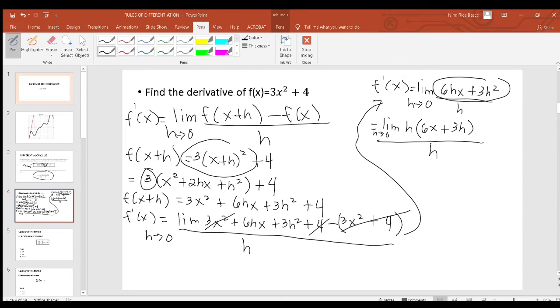Ayan. Pwede na nating matanggal yung h sa denominator since we can divide h to h in the denominator. Kasi equals to 1 lang naman yan, di ba? So, after that, we can now substitute the 0.